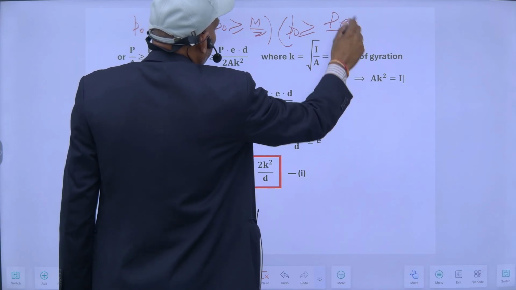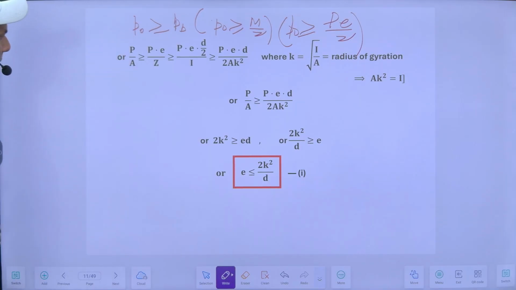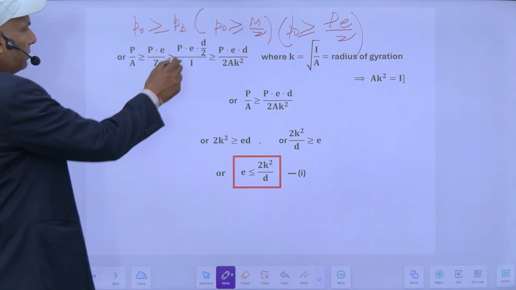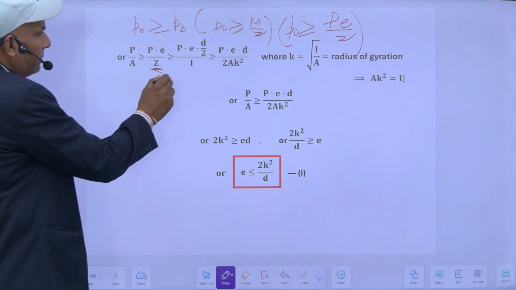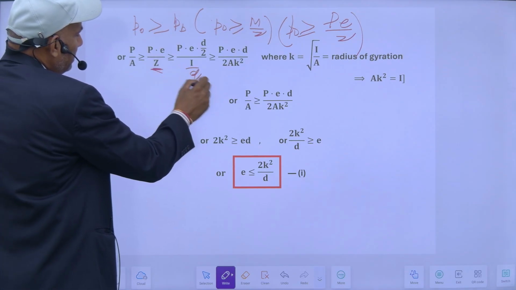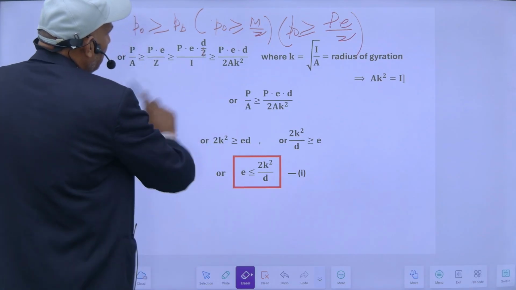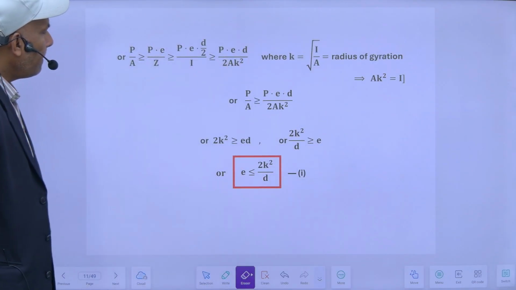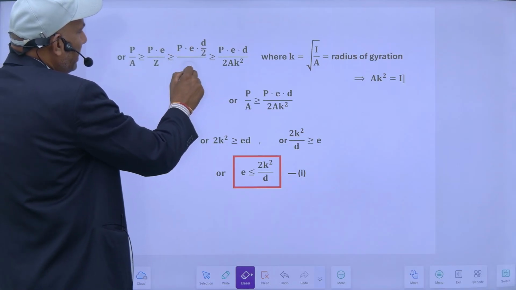So the direct stress, load upon area, is greater than or equal to the moment M upon Z. This is my eccentricity. The section modulus I can also write as I upon d by 2, so d by 2 will go here. Now it will be P into E into d by 2 into I.